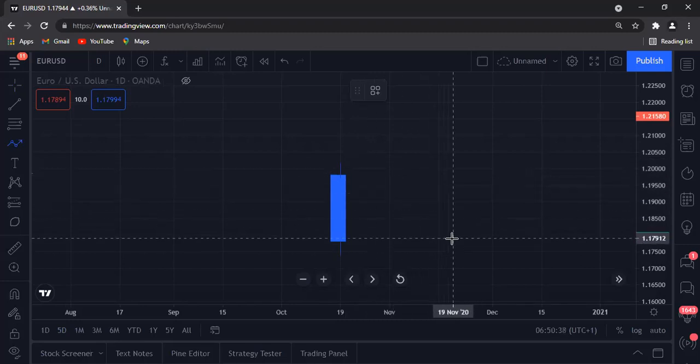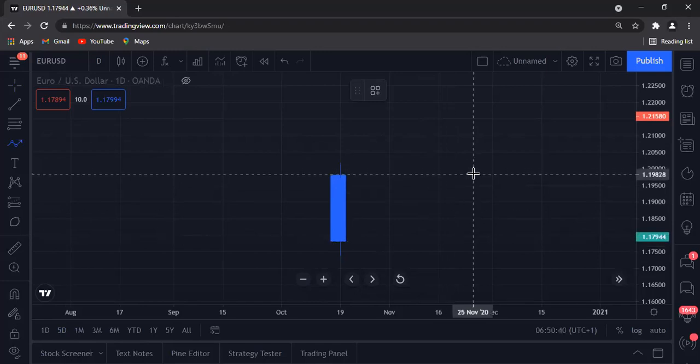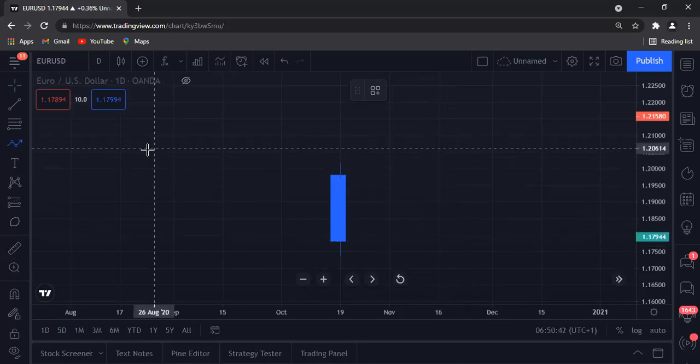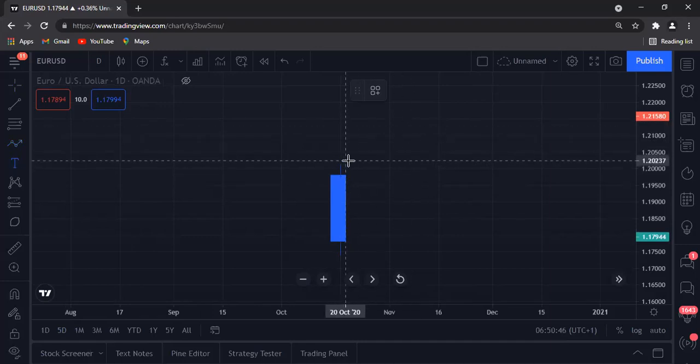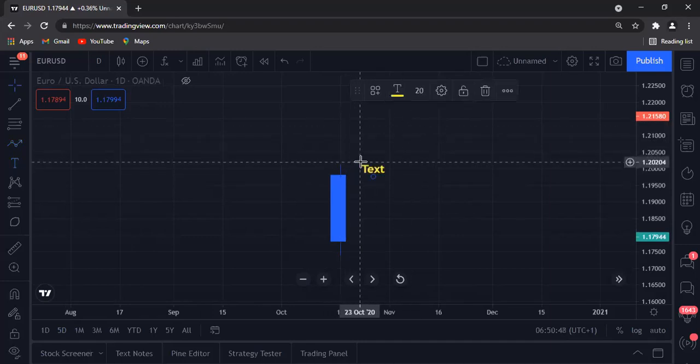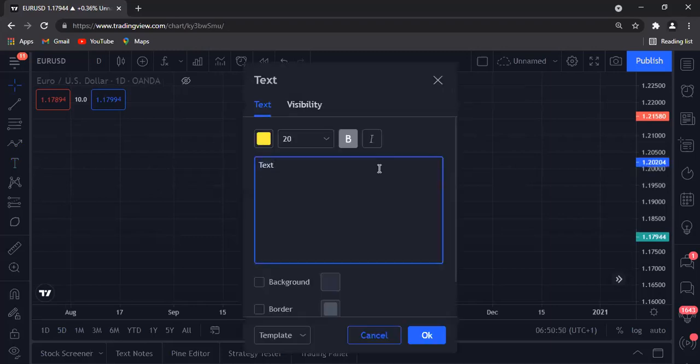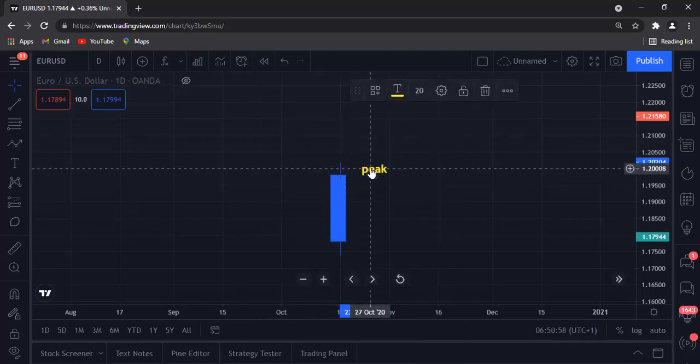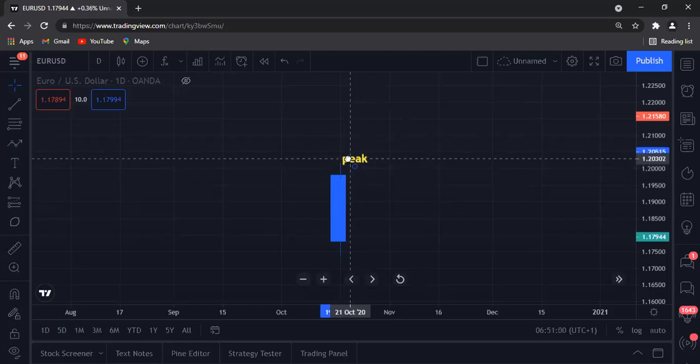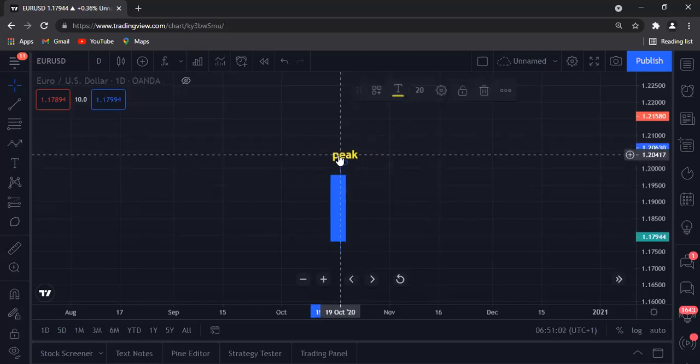This is the point it opened, and this is the closing point. You get? Okay. Just in case you're writing, this is the crest or peak. This is the peak.